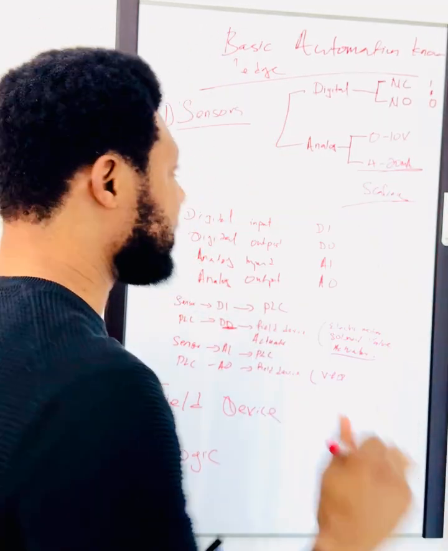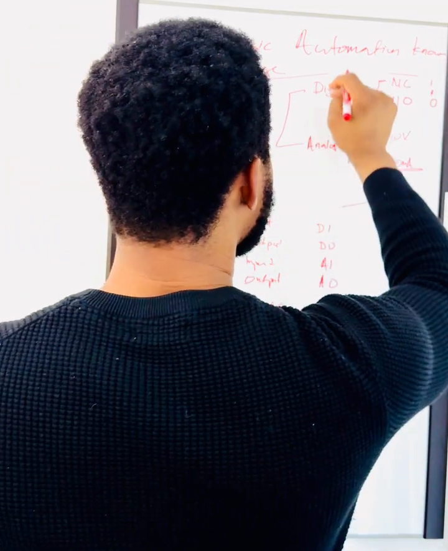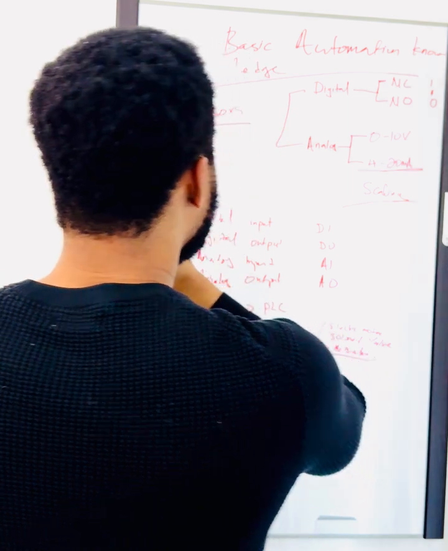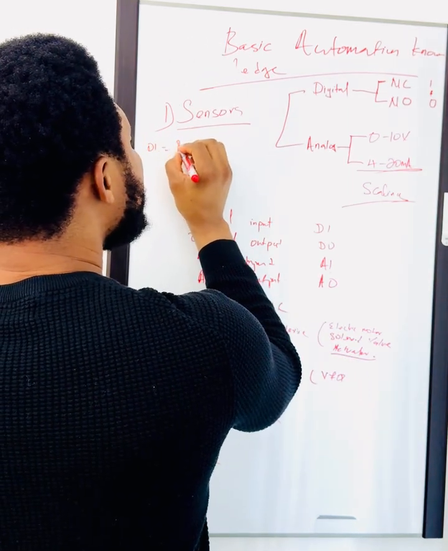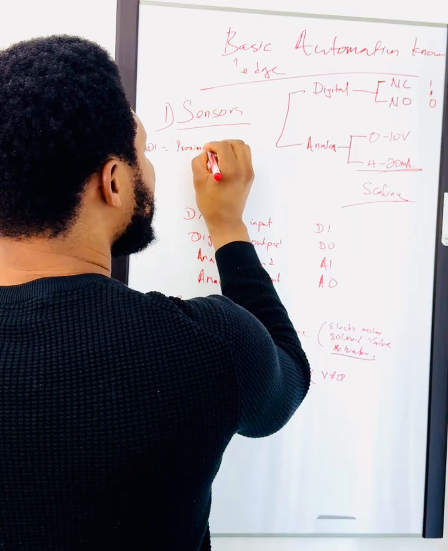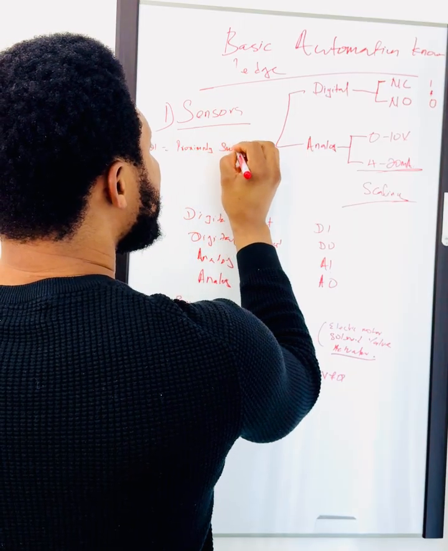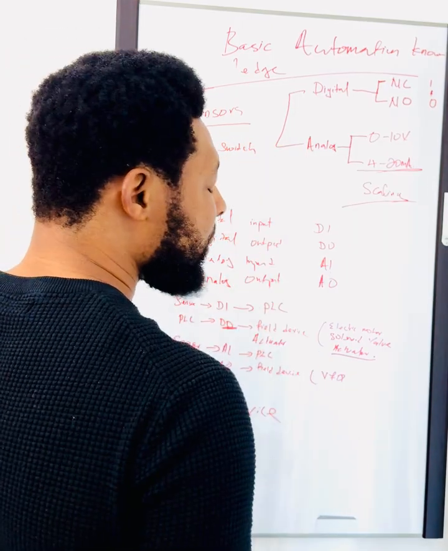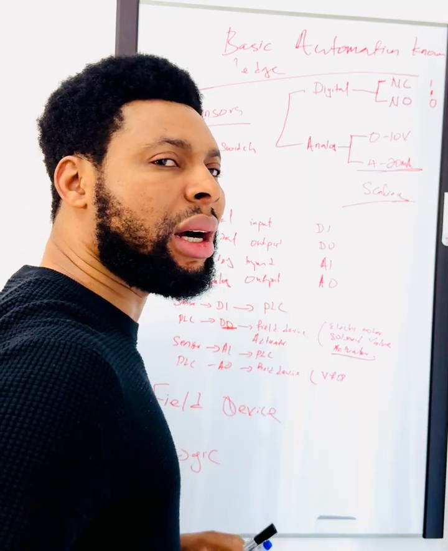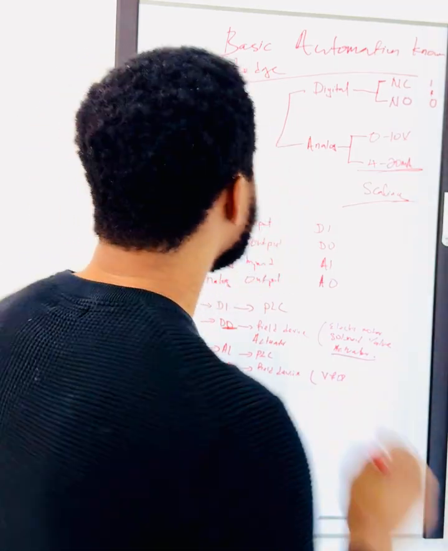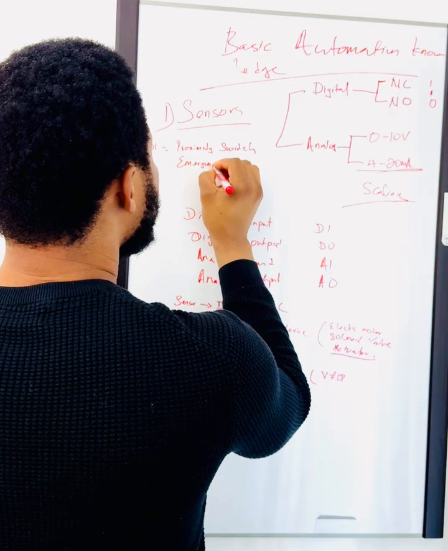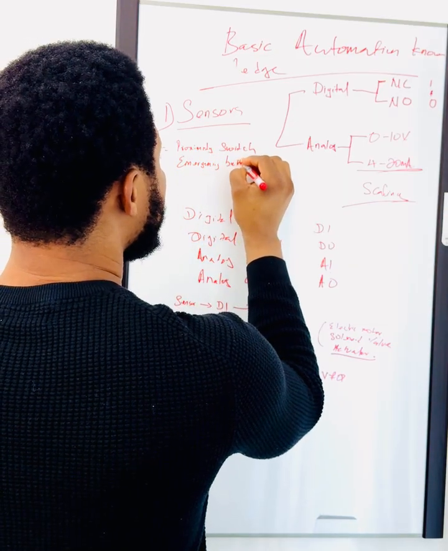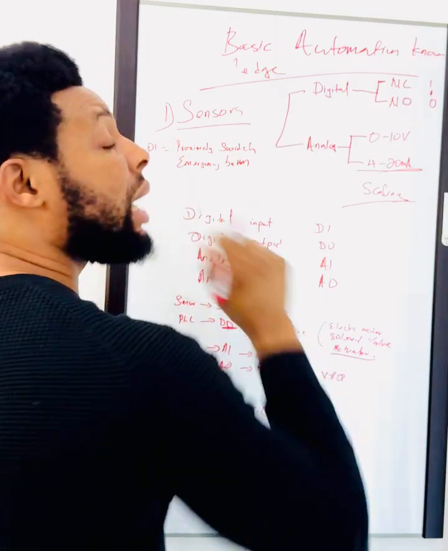Examples of sensors. Under digital sensors, you have some proximity switches. For example, your emergency button, they all give you digital input.